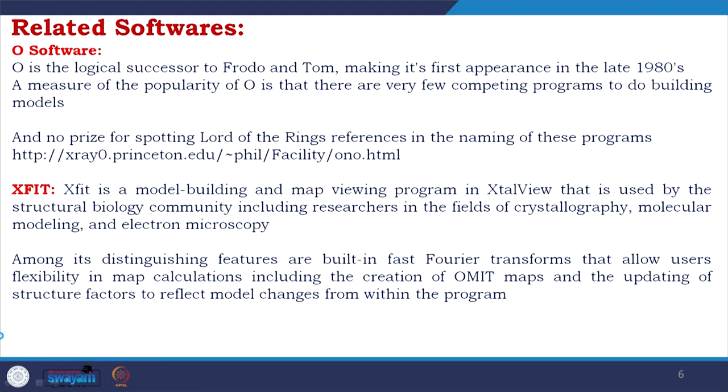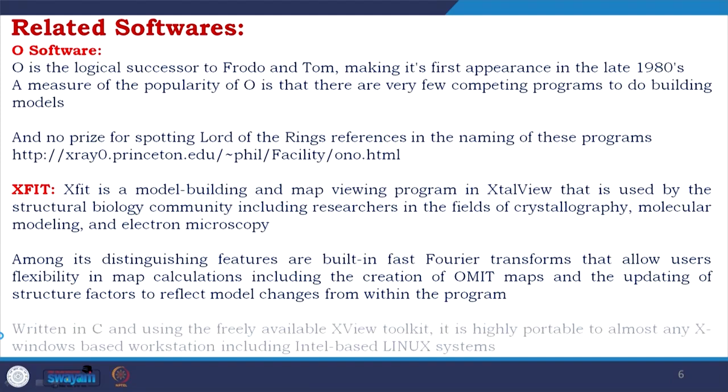So, you could do the automated refinement and all. Written in C and using the freely available XView toolkit, it is highly portable to almost any X Windows based workstation, including Intel based Linux systems.